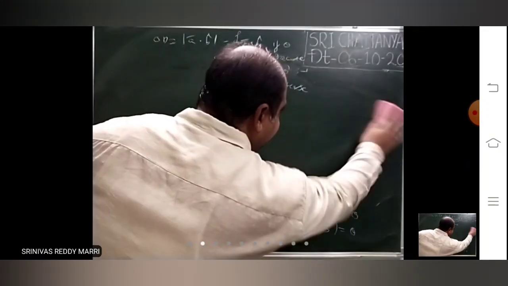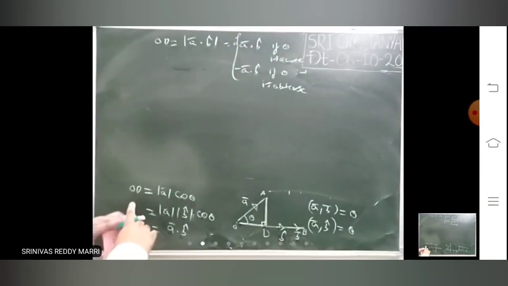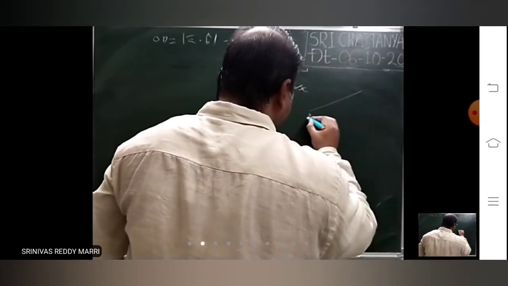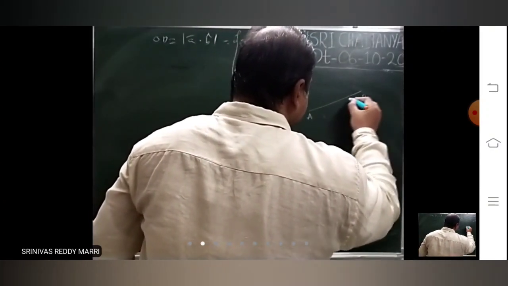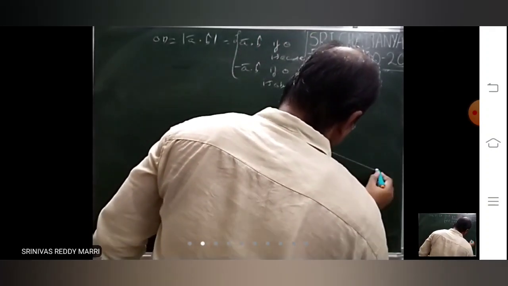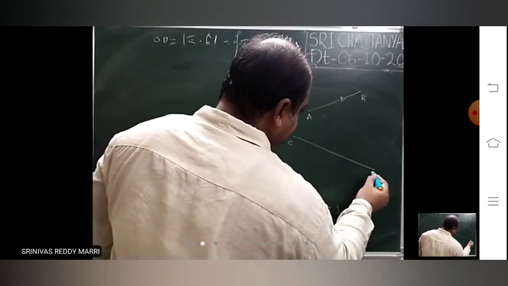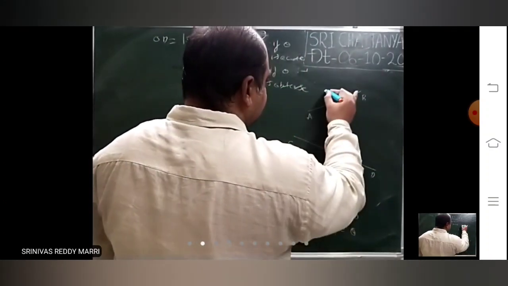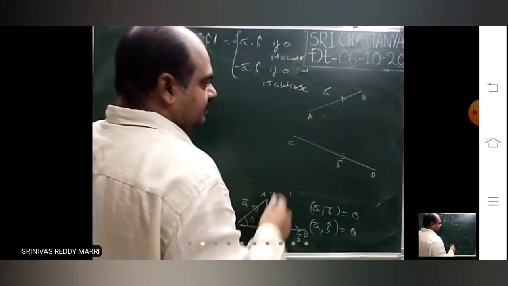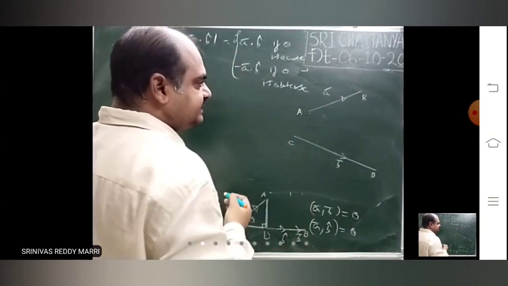Suppose here initial points are same. Let us say the initial points are not same. Suppose AB is like this one vector, CD is like this. Even in that case, let us say this is A bar, this is B bar, and the initial points are not same.